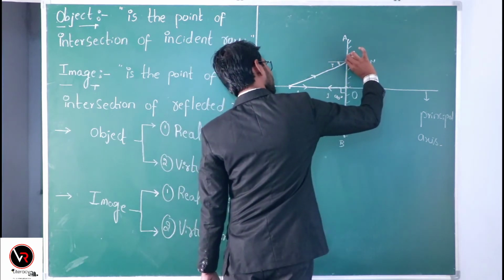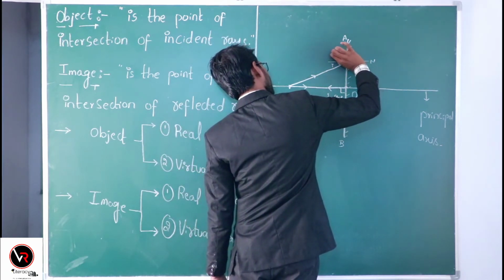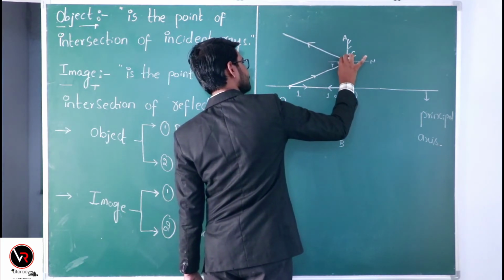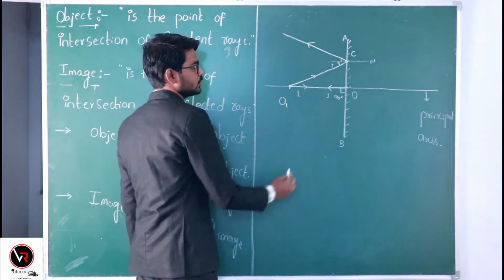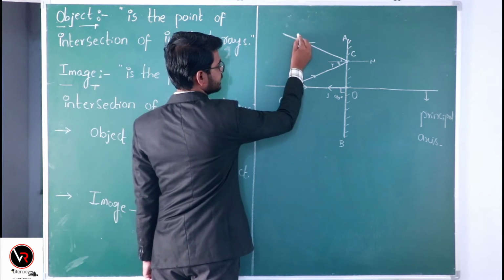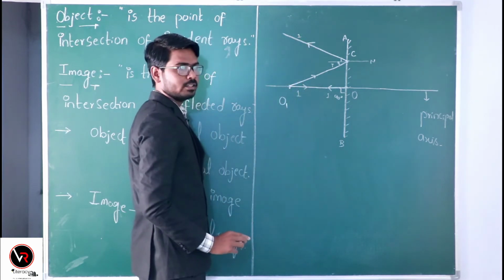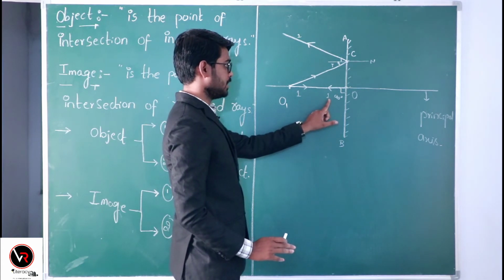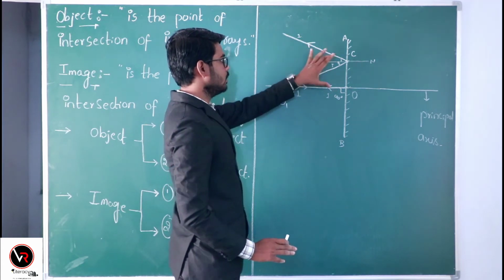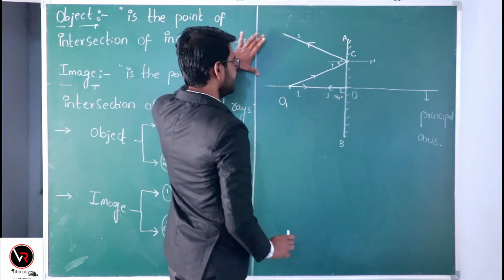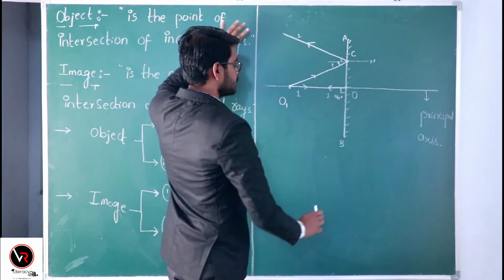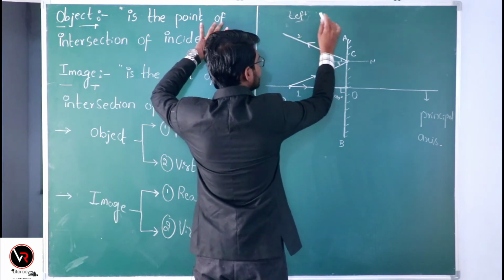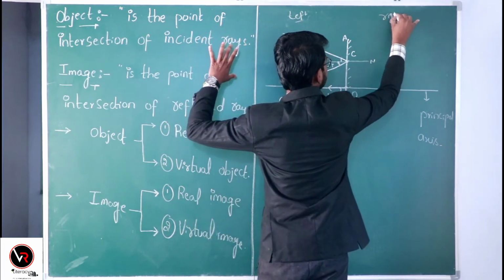As we know, the light ray reflects back from the mirror with that same angle. So this is the first reflected ray, this is the second reflected ray. As you can see here, there is no chance for these two rays, the first reflected ray and second reflected ray, to meet on the left side of this plane mirror. This is the left side of the plane mirror, this is the right side of the plane mirror.